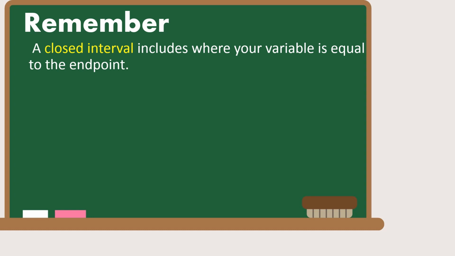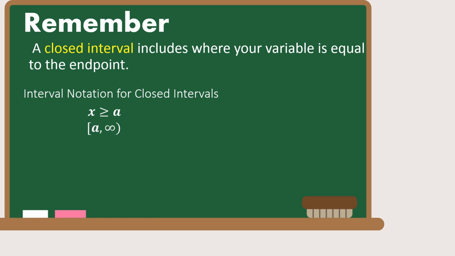A closed interval includes where your variable is equal to the endpoint. So we have here the interval notation for closed intervals. For x is greater than or equal to a, we will use the same boxed end, or sometimes it is called the bracket: open bracket a, comma, positive infinity, followed by the close parenthesis.